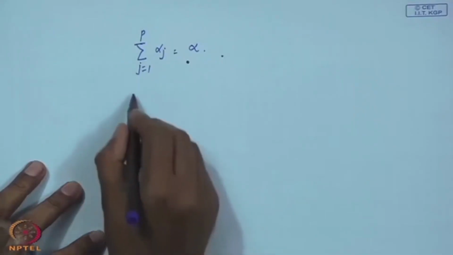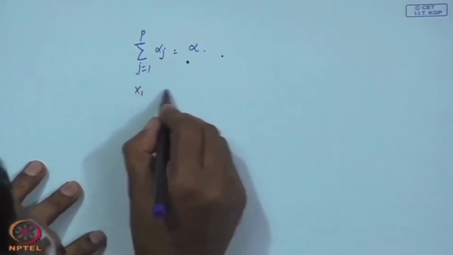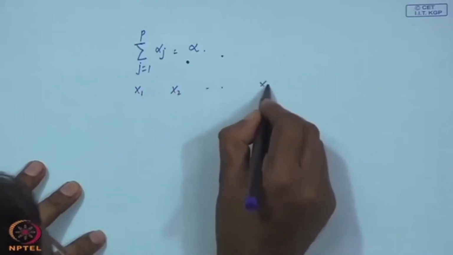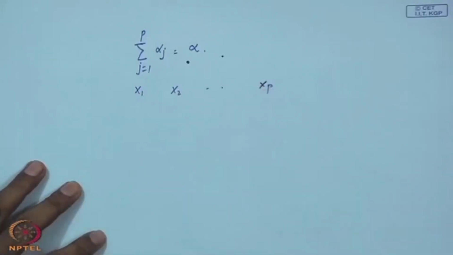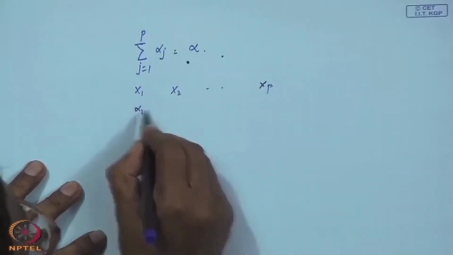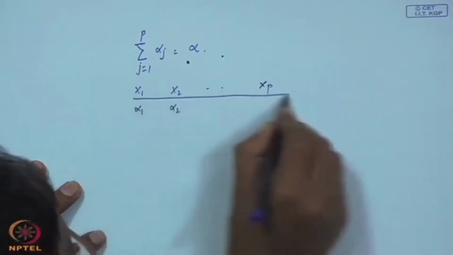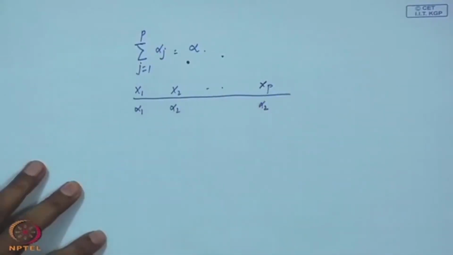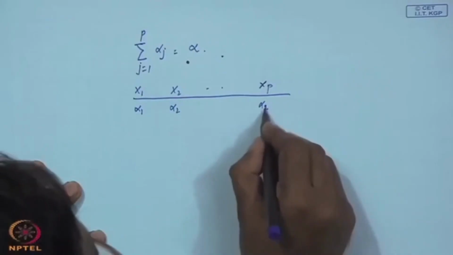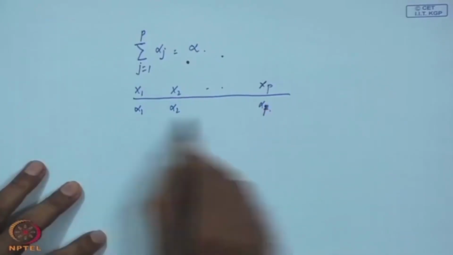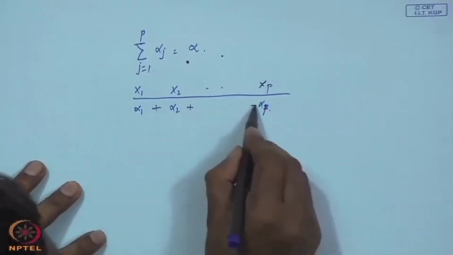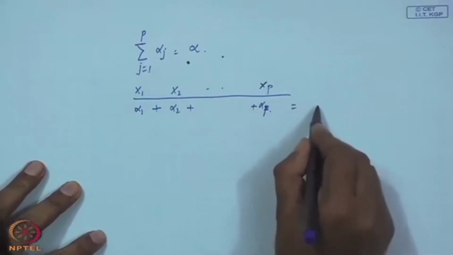What is happening here? Suppose you have p variables x 1, x 2 up to x p. Now, this is alpha 1, alpha 2, you are giving a probability value for each, like this up to alpha p. Now, my question is that this plus this plus this is alpha.